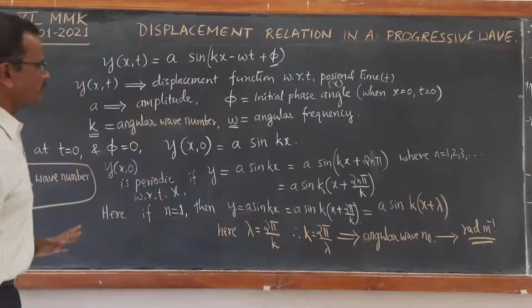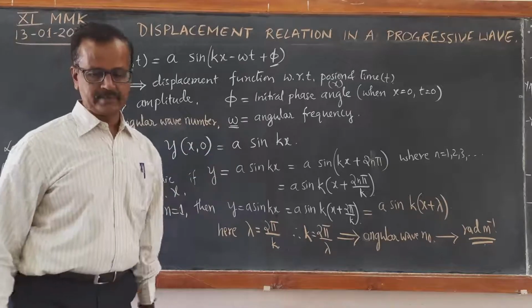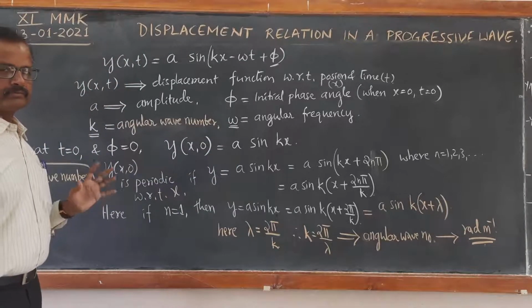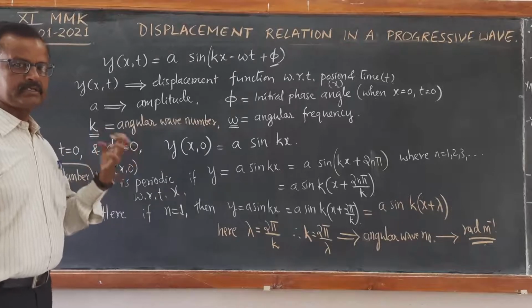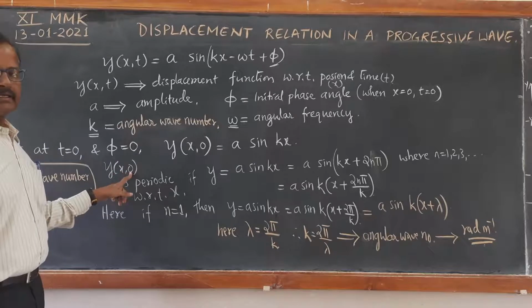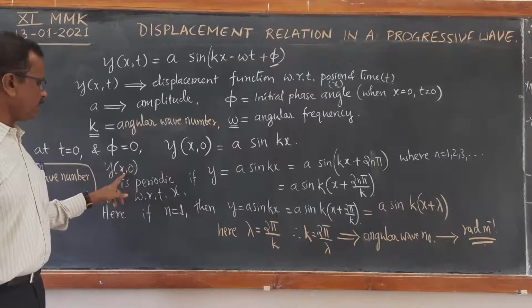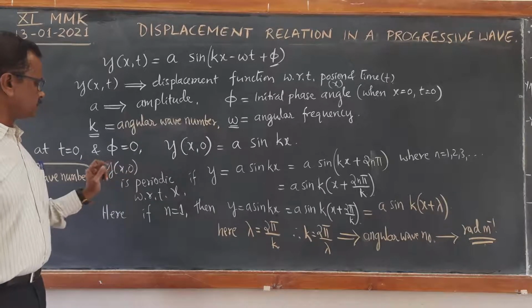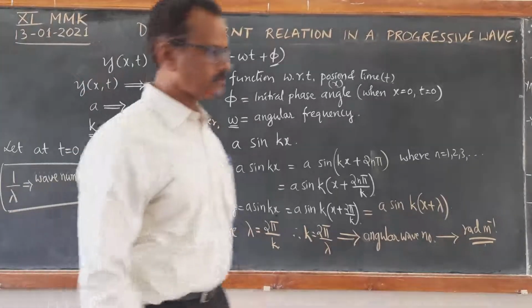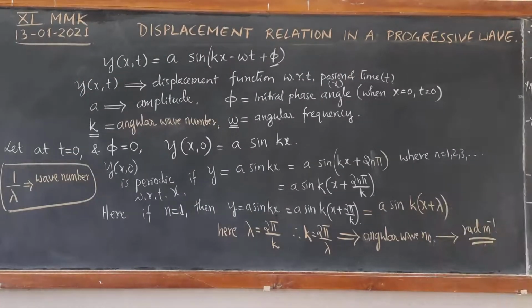Now in the same way, we can define angular frequency by taking x equal to 0, the initial position. If you put x equal to 0 at any time t, then we get y at x equal to 0, which can now be found. That will be helpful to find out what is angular frequency.